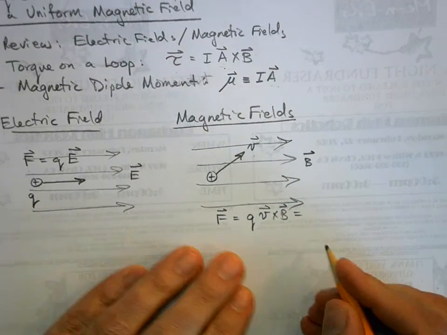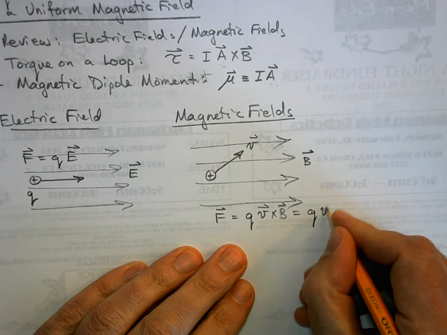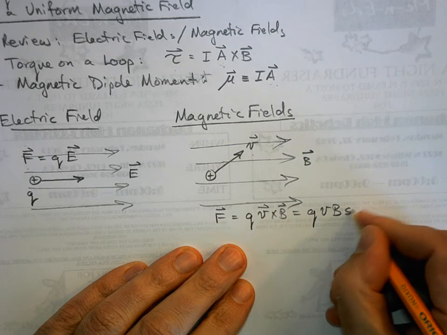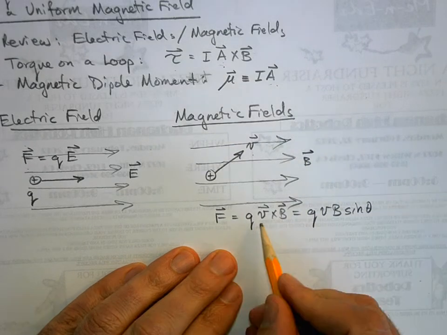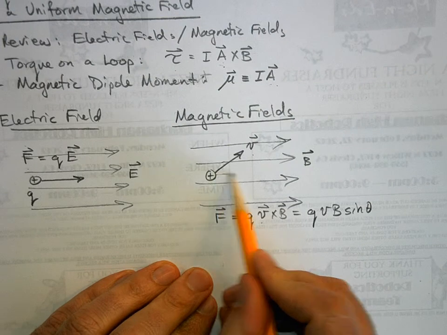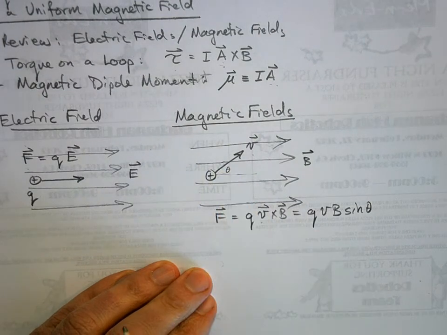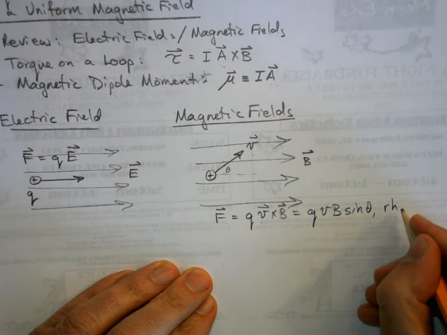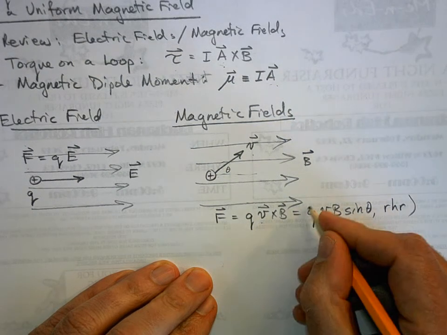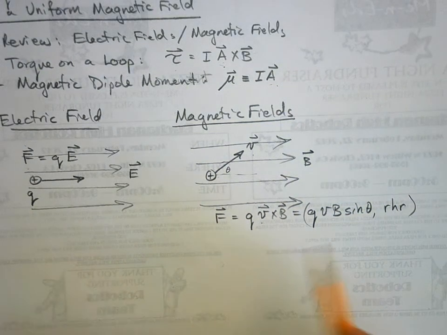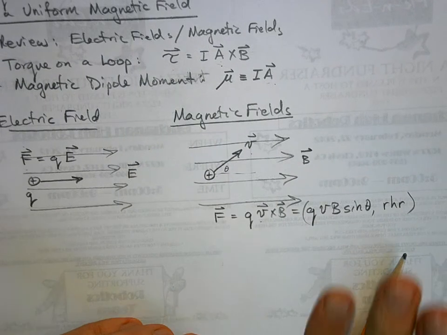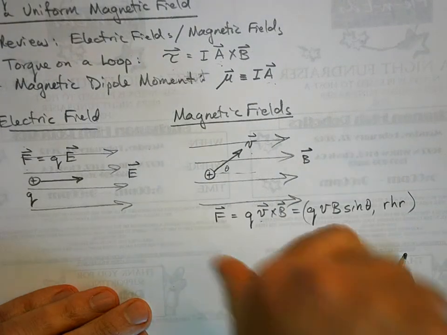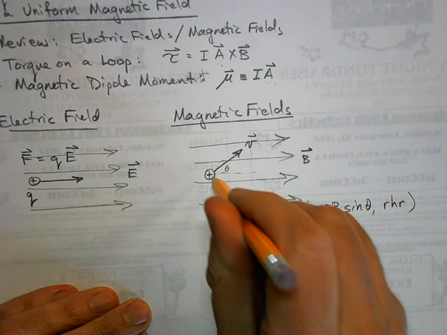Or QVB times the sine of the angle between V and B. So there's that angle theta right there. And then you use the right-hand rule for cross products to figure out the direction of it. So if I go V cross B, I'm going to go into the paper here.